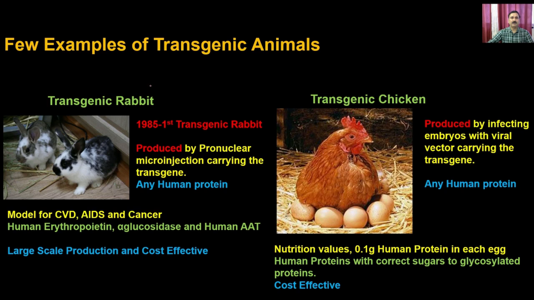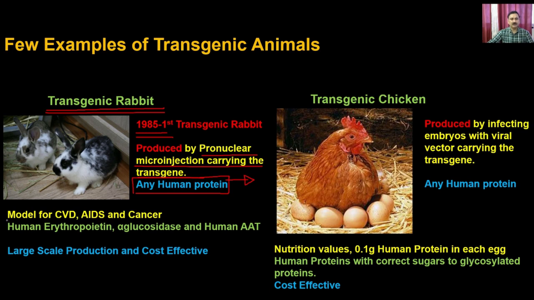And then we have a few examples from other animals, like the transgenic rabbits. So the first transgenic rabbit was developed in 1985, and it was developed by pronuclear microinjection carrying the transgenes, and it can overexpress any human protein, so you can study the role of this particular protein in a particular type of human disease.